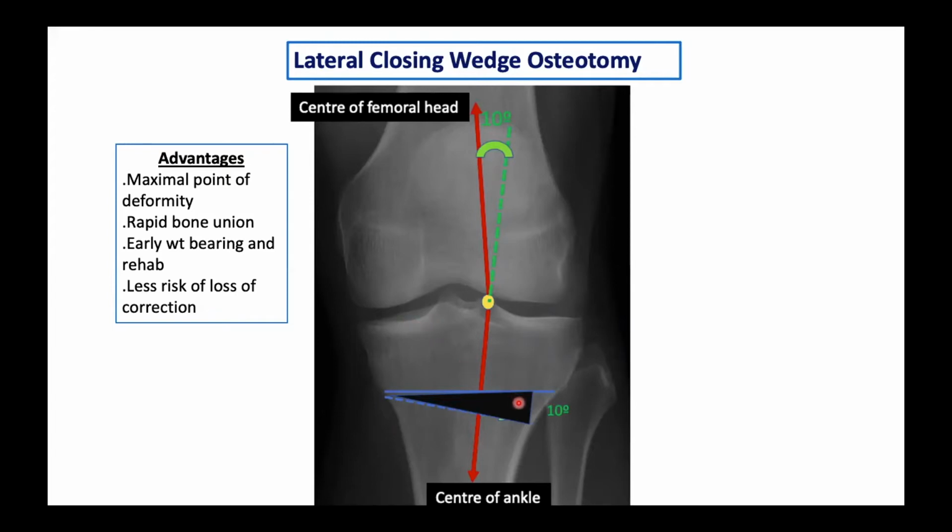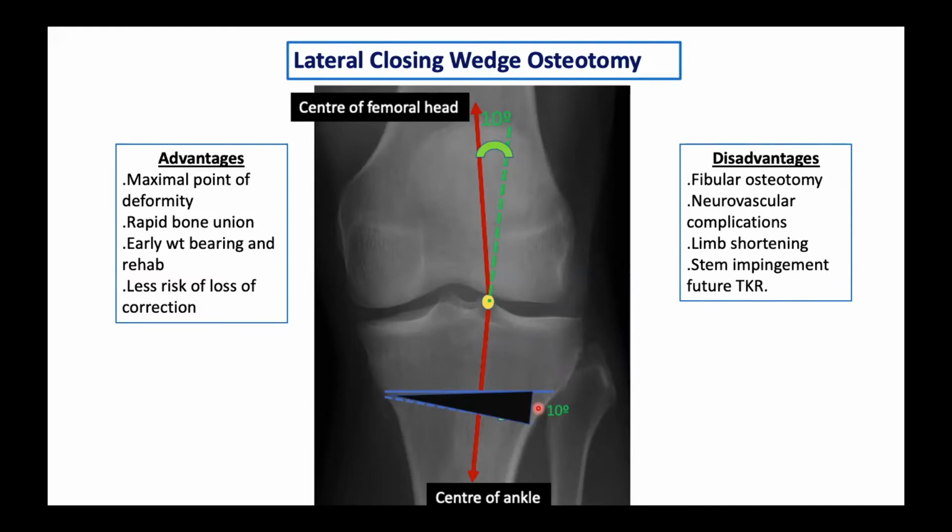The union rate is rapid, and the patient can be advised early weight bearing, and the rehabilitation, which is very important after surgery, can be started earlier. And the loss of correction is less likely here because the union is rapid. So we are not going to lose correction as compared to the medial opening wedge osteotomy, where the union rate may be delayed or maybe less.